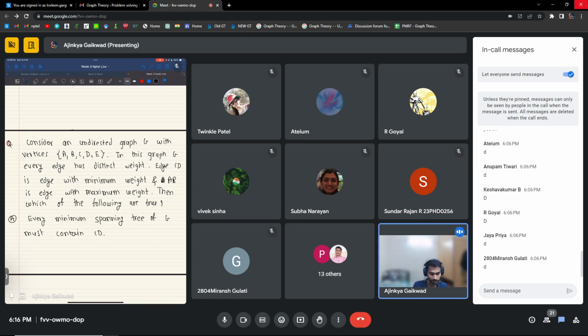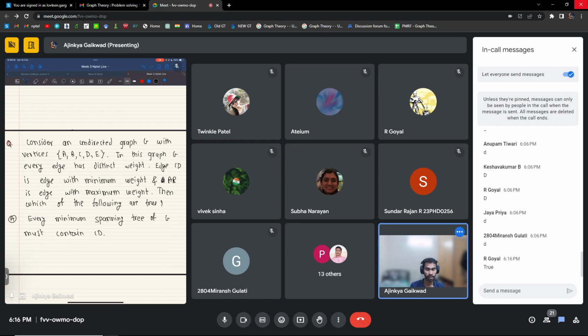The question is, is it always true that given undirected graph G, which contains five vertices A, B, C, D, and E, all these edges in this graph have distinct weight? Distinct weight, I mean no two edges have the same weight.